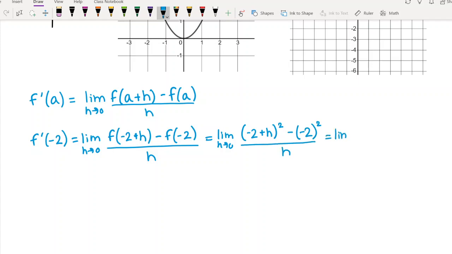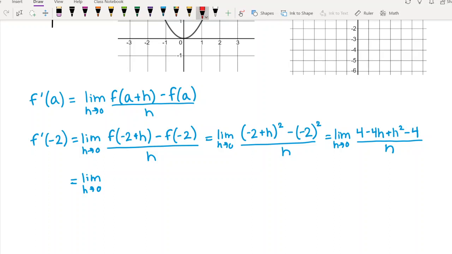And so that's the limit as h approaches 0 of 4 minus 4h plus h squared minus 4, divided by h. As should happen with these types of limits, some stuff cancels out.